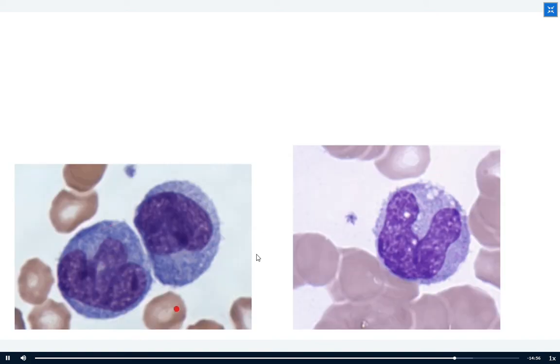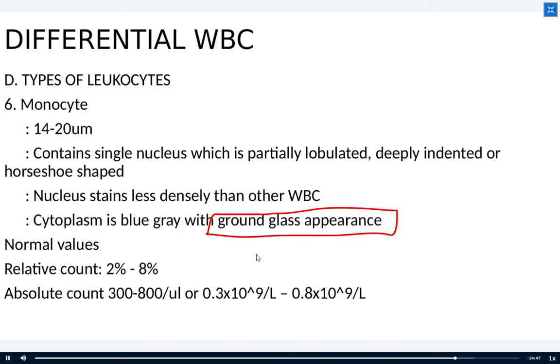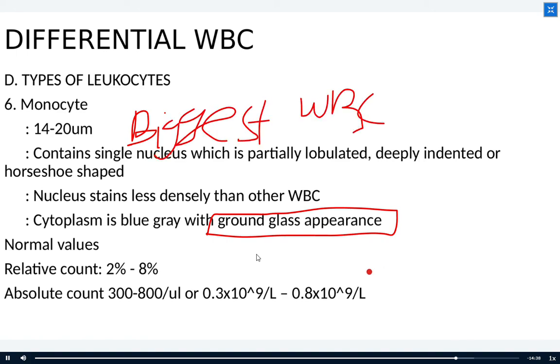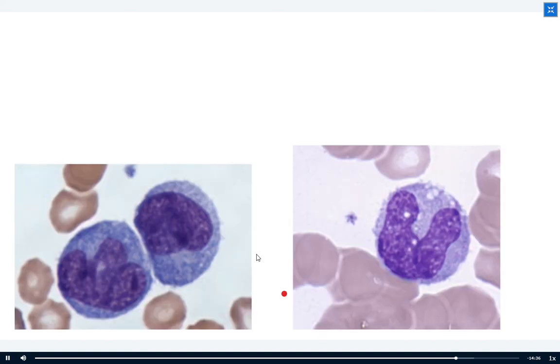So this is the appearance of your monocyte. If you look at the cytoplasm, it would appear like ground glass. And by the way, class, this is your biggest WBC. Siya ang pinakamalaki niyong WBC. They have a ground glass cytoplasm.